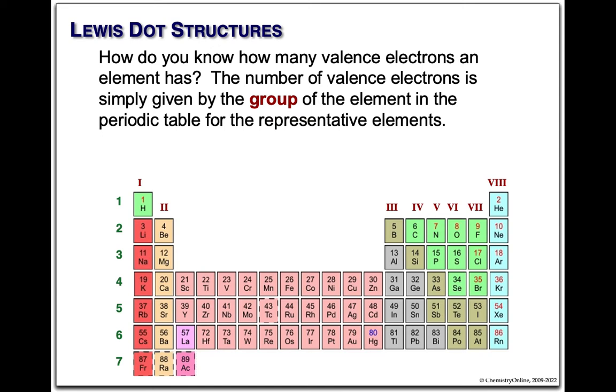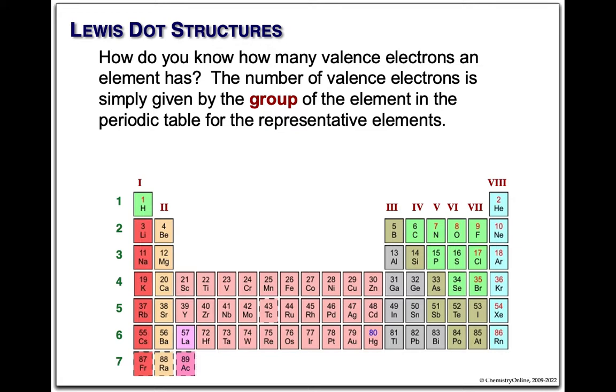Valence electrons. We can look at the periodic table and we can count and figure out how many valence electrons we know. Okay? But there's a simpler way. Remember when we were talking about groups in our periodic table? We said we would number these 1, 2, 3, 4, 5, 6, 7, 8, and just ignore all these guys in the middle.